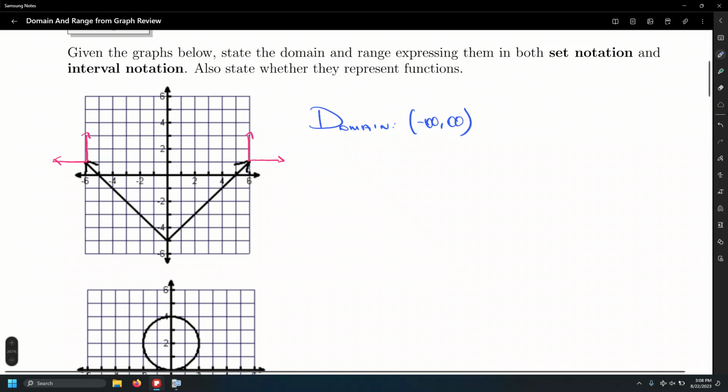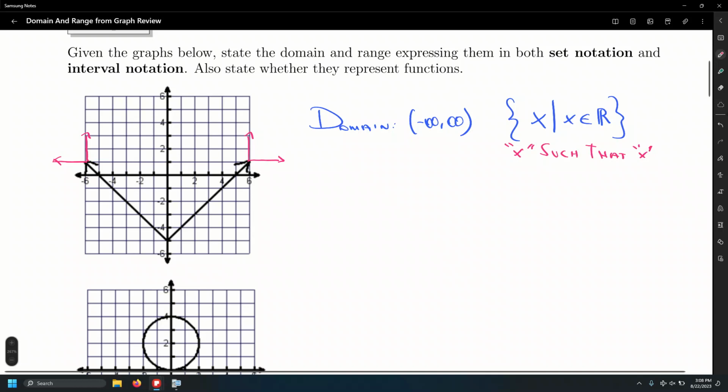Now, how do we express the domain using set builder notation? And here's where we refer to the previous handout where we use x such that x belongs to the set of all real numbers. Let me write it in words how we read it. So x such that x belongs, this little e, it's not an epsilon.